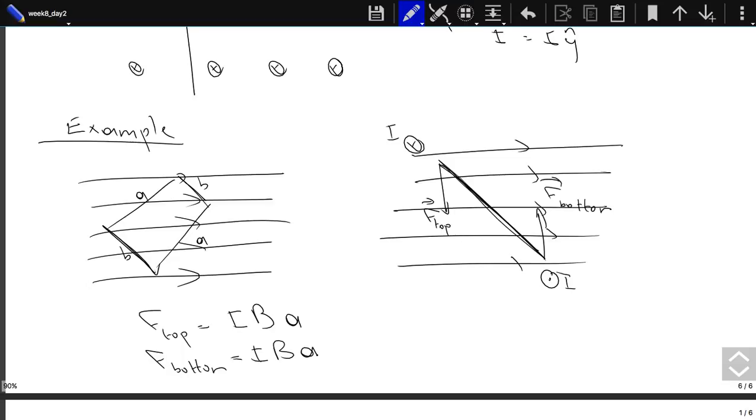The force acting on the edge that is closer to you, let's say this is going in, this is going out. This is B. So the force acting on this edge is in this direction. I draw it over there.